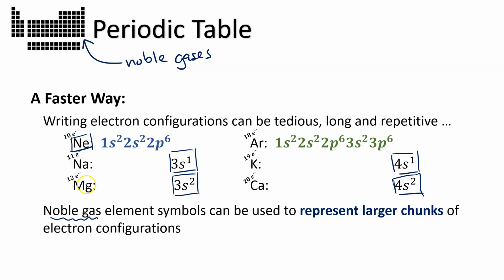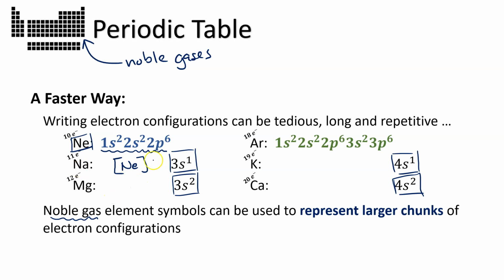Noble gas notation says if you're doing any element larger than neon, you can take neon's element symbol, which is Ne, put it in a set of square brackets, and that Ne in square brackets represents whatever neon's configuration is. In this case, 1s2, 2s2, 2p6.